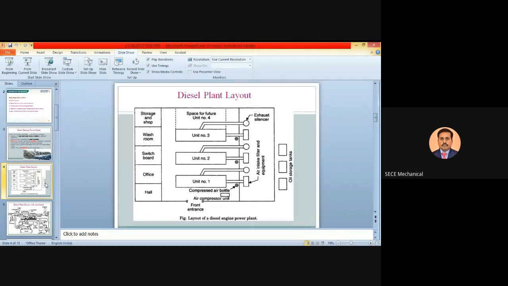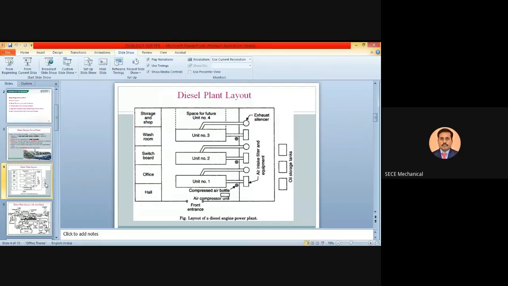So unit 1, unit 2, unit 3, unit 4 are all a similar type, but different engines. Unit 1 is one engine coupled with a generator, and unit 2 is similar. Then 3 and 4. So you have 4 engines, each with a generating device.